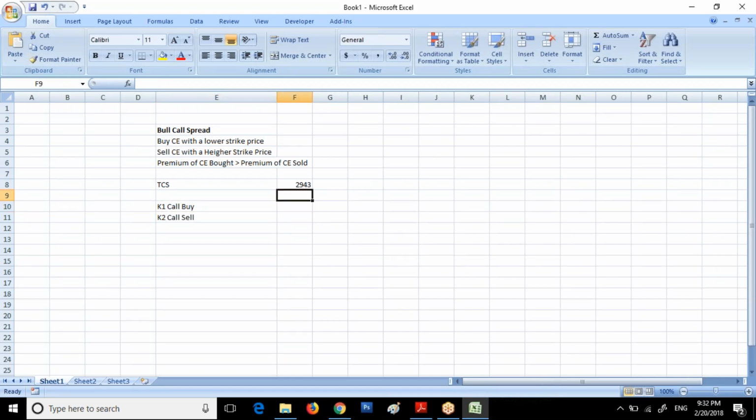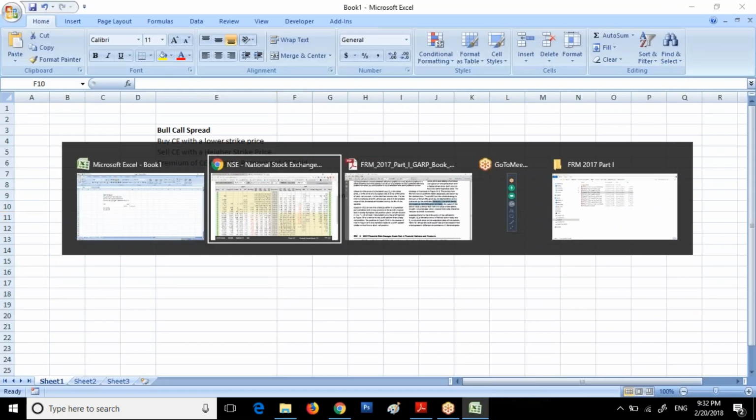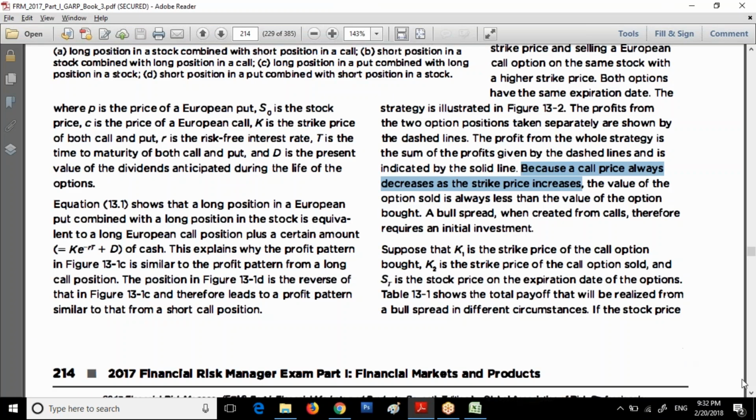So the strike price and the premium, I'll write it later on. So ST is the spot price on the expiration date of the option.